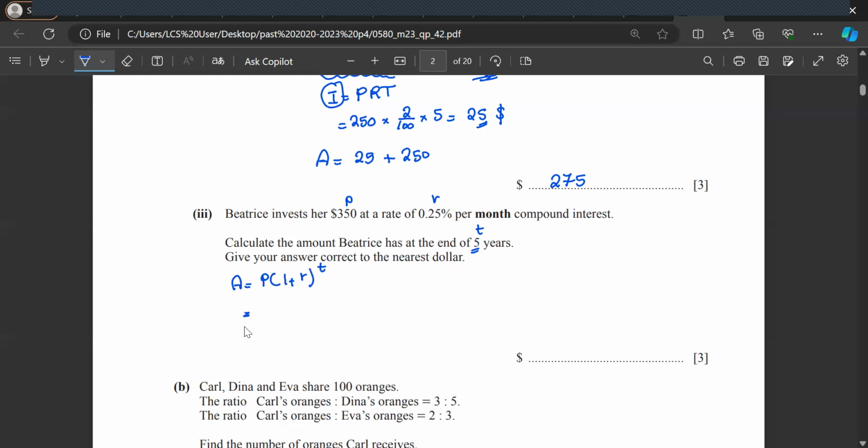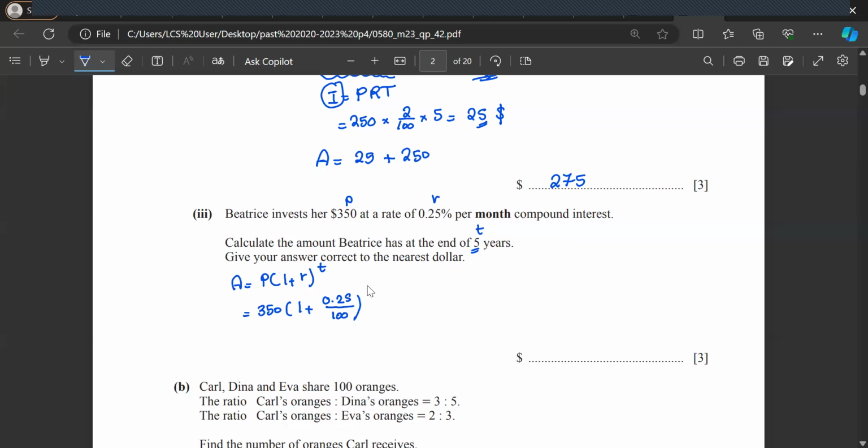What is the principal? 350. 1 plus, and the rate is 0.25 over 100. What will be the time here?